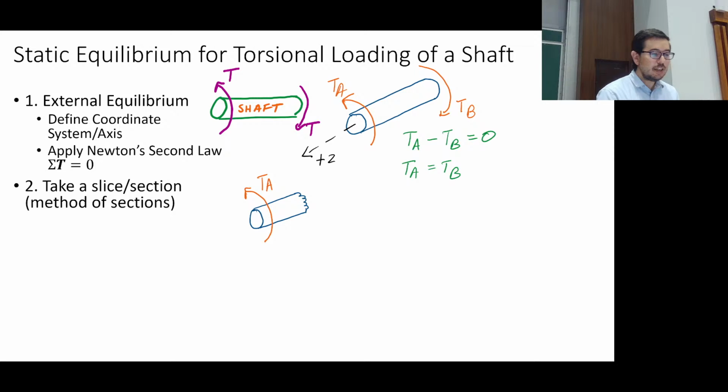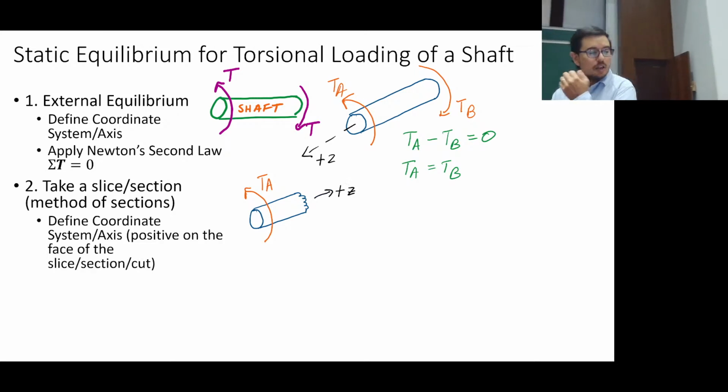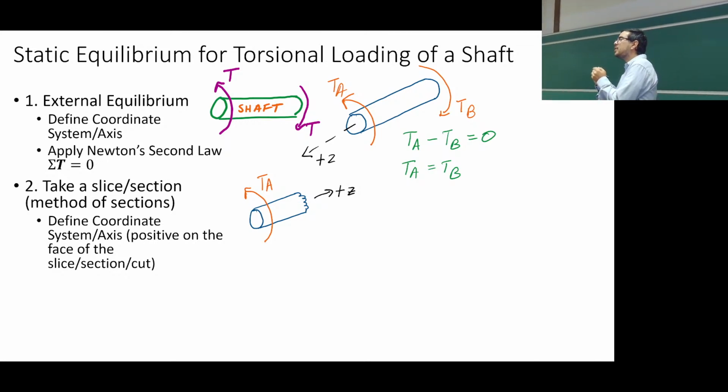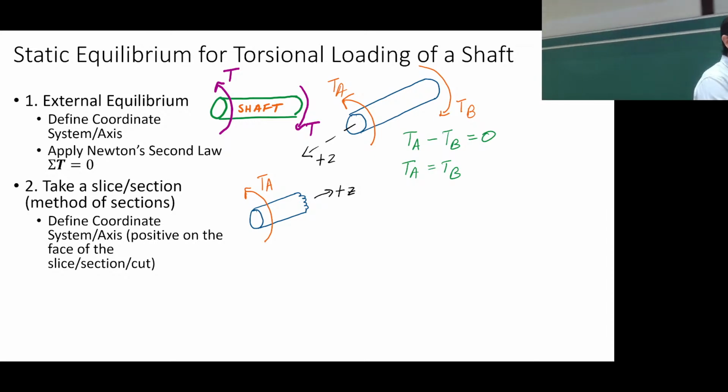What we're doing here, okay, is we are going to follow this convention where we usually say that the coordinate system that we want to use is again coming out of the face in the positive direction, okay? So I draw my coordinate system.